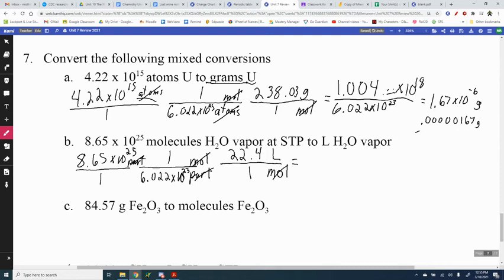So we multiply all our top numbers, and we get 1.9376 times 10 to the 27th. Our bottom number is 6.022 times 10 to the 23rd. Okay, we divide those two numbers and we get a final answer of 3,220 liters.